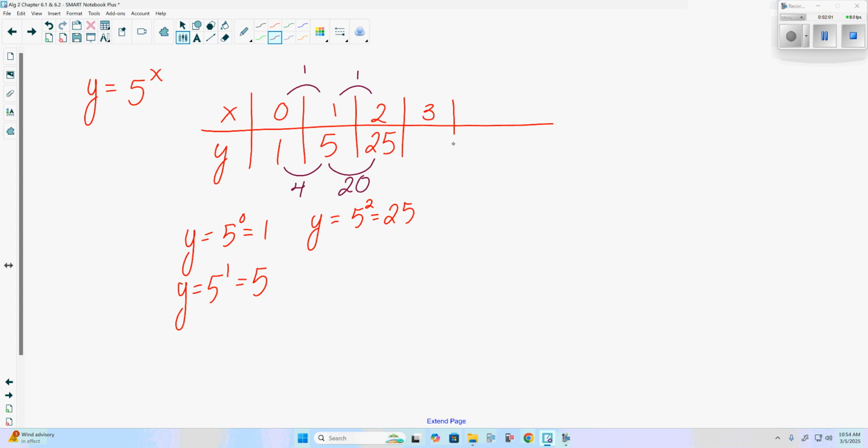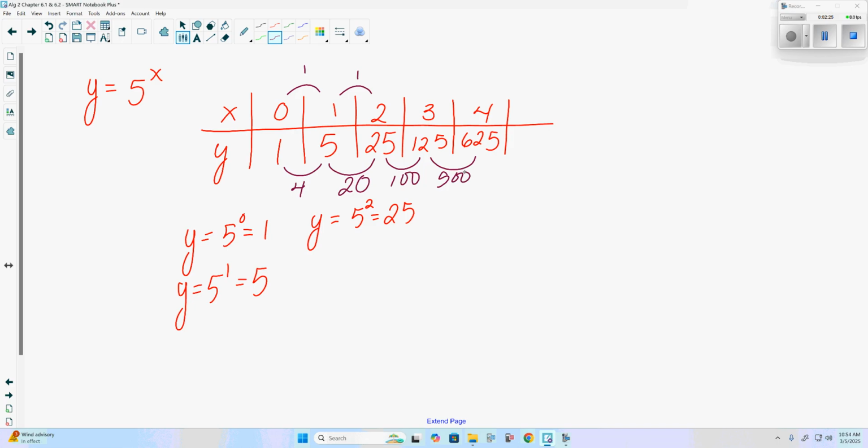If we do this again with 3 and plug it in, it'd go to 125, so it increased by 100. For 5 to the 4th, it'd be 625.